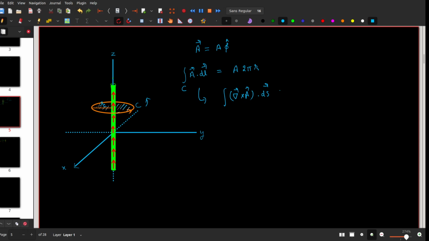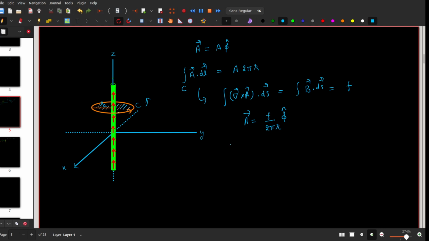And since the curl of A is equal to the magnetic field, this becomes the integral of the magnetic field over this shaded region bounded by this circular path, and this is equal to the flux of the magnetic field through the solenoid, which we denote as F. Therefore, we conclude that A is equal to F divided by 2 pi r, and hence the A vector is F divided by 2 pi r along the phi direction.